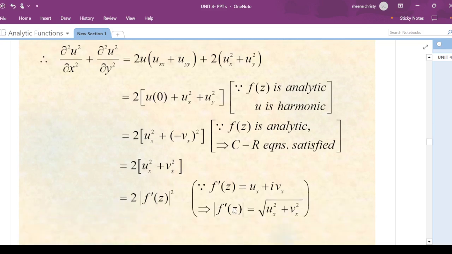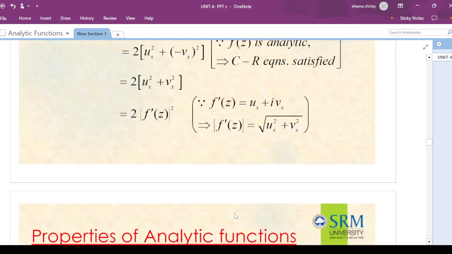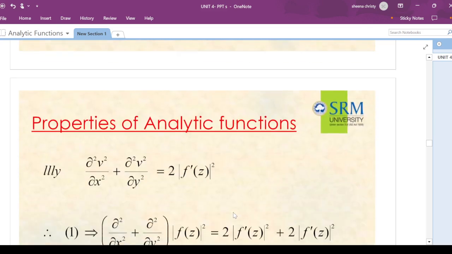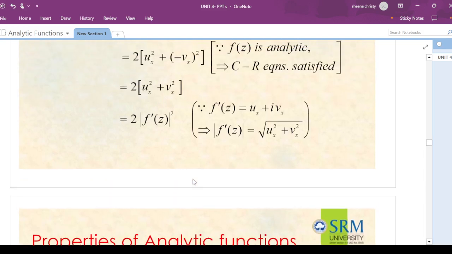It is nothing but modulus of f dash of z square. In a similar manner, dou square by dou x square and dou square by dou y square of v square gives you 2 times modulus of f dash of z square.